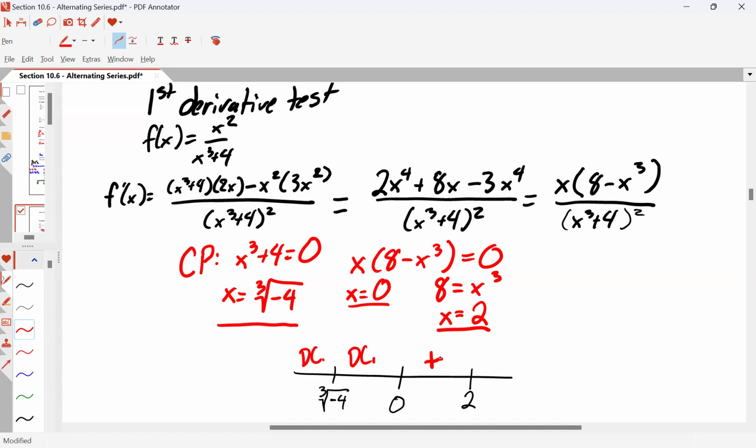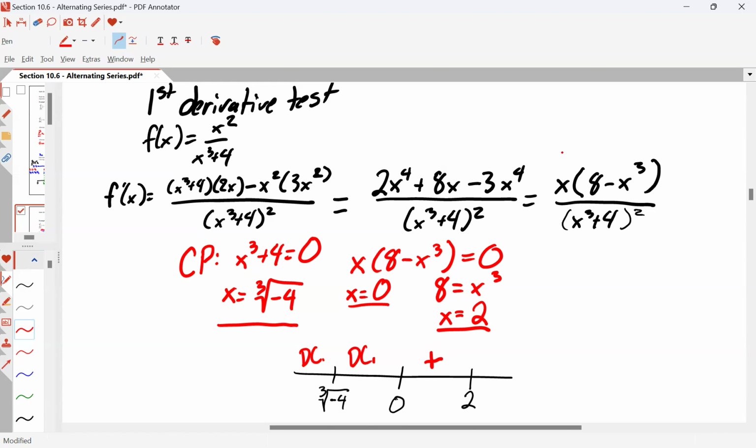However, that's not really what we're worried about, because that's increasing, but the alternating series test has some phrasing that I will go point out after we finish out this sign chart. So from 2 to infinity, say we plug in 3.